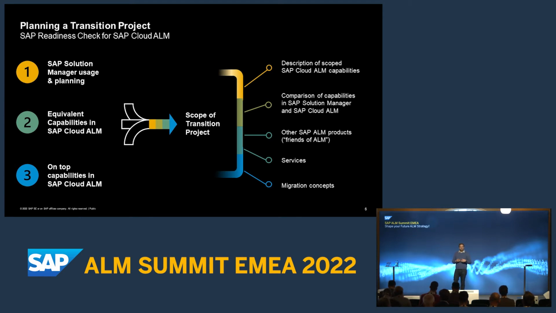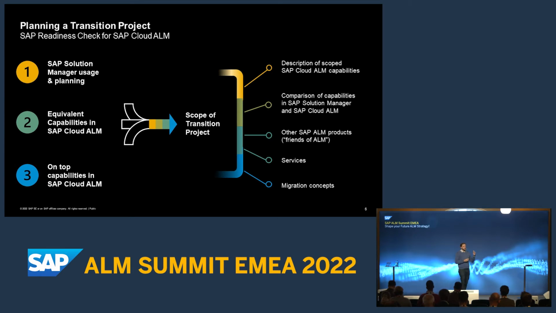We will provide you with the information of what you are exactly and currently using. And by refining or selecting which of these capabilities are relevant for you, you can then create or refine the scope of your transition to SAP Cloud ALM.